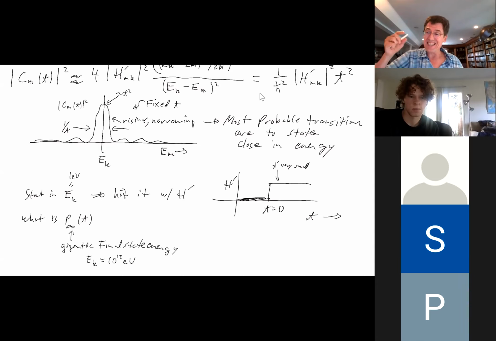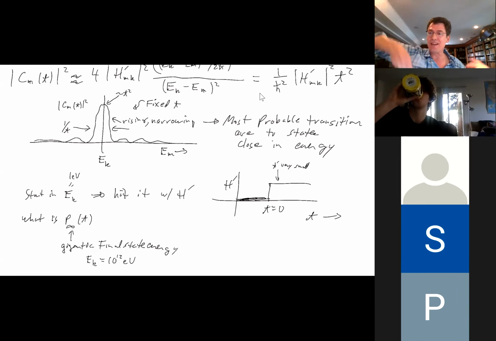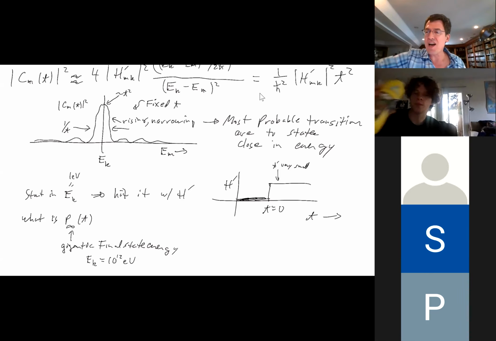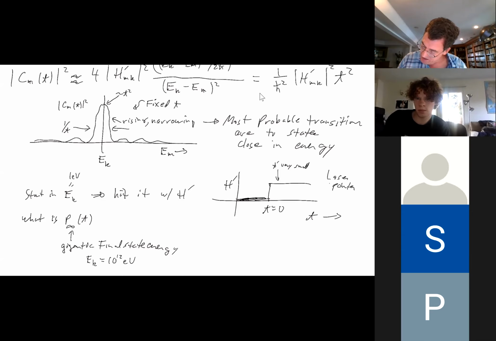Like I start in the ground state, and then I excite to close to the speed of light. I'm flying. I have 1 trillion electron volts, and all I did was hit it with a laser pointer. Remember, this is just a laser pointer. This is kind of a weird thing to think about.